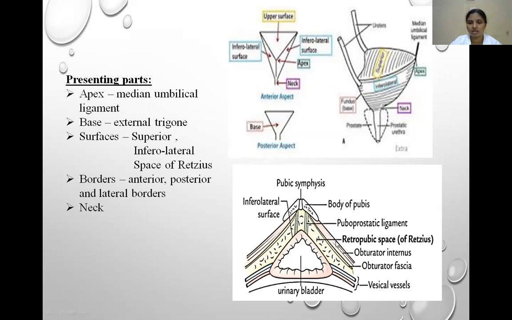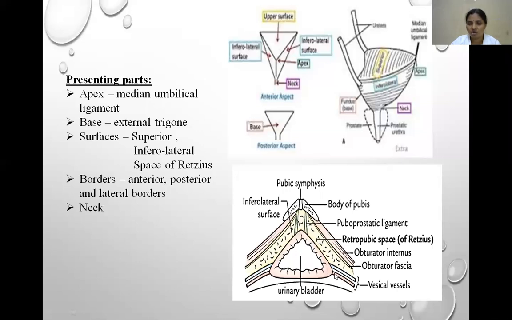And this is the obturator internus muscle covered by a fascia, obturator fascia. What are the boundaries? In front, pubic symphysis, then body of the pubis. Laterally, the obturator internus covered by its fascia, obturator fascia. And this is the inferolateral surface of the urinary bladder.